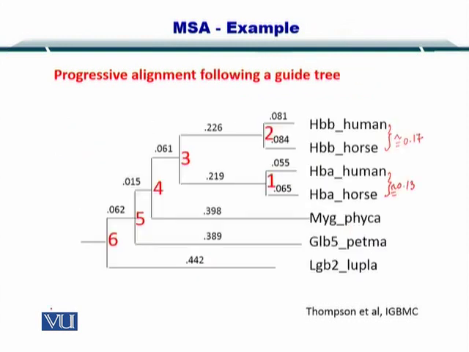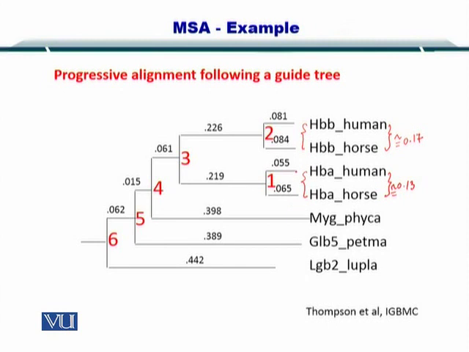Also, you can construct another form of tree, that is the guide tree. And in this, since you already saw that HBB human and HBB horse are similar, while HBA human and HBA horse are similar as well.